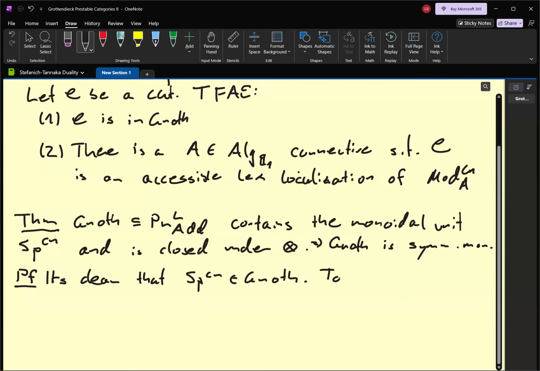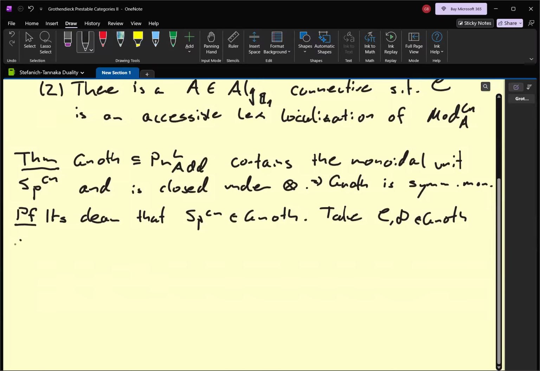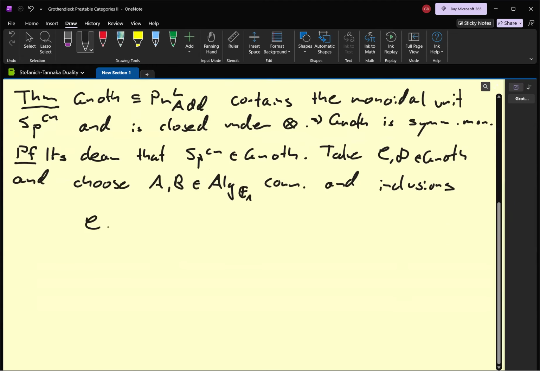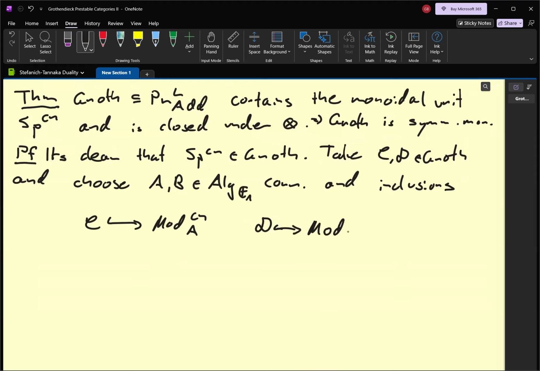So we'll just take two. And we choose connective algebras and inclusions from C into A-modules and D into B-modules.